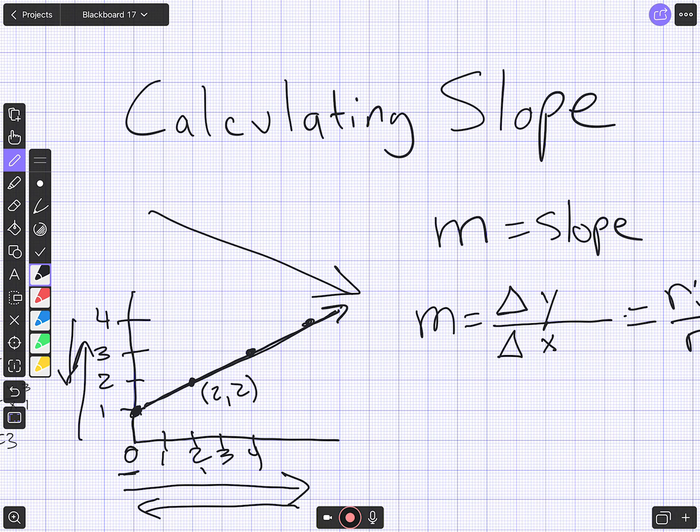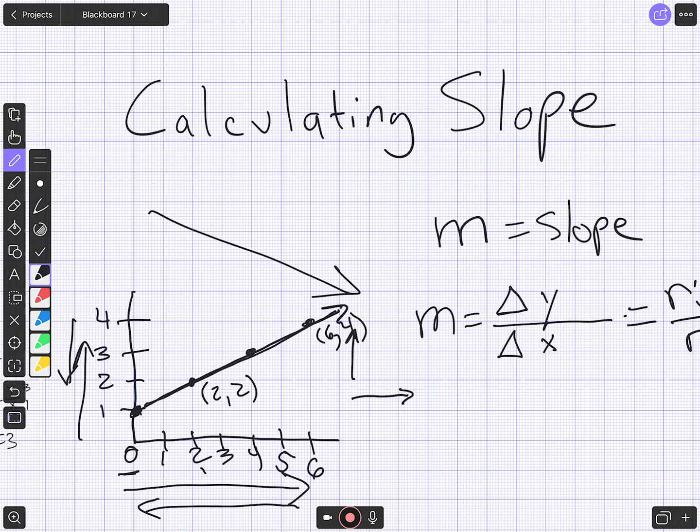But what we need to track is the change in y: how much it goes up divided by how much it goes over. Let's take this other ordered pair over here. We count 4, 5, 6, so this is 6, comma 4.